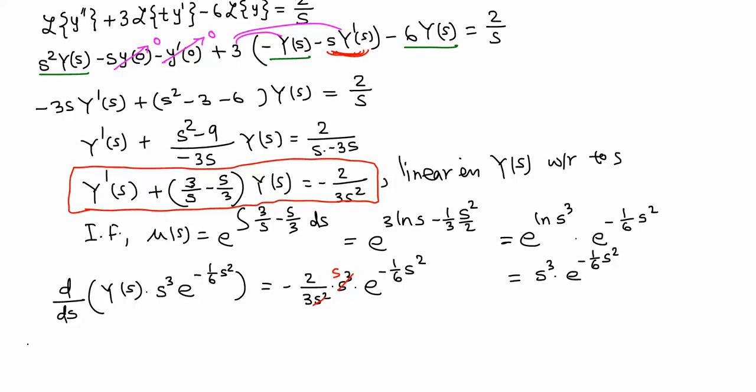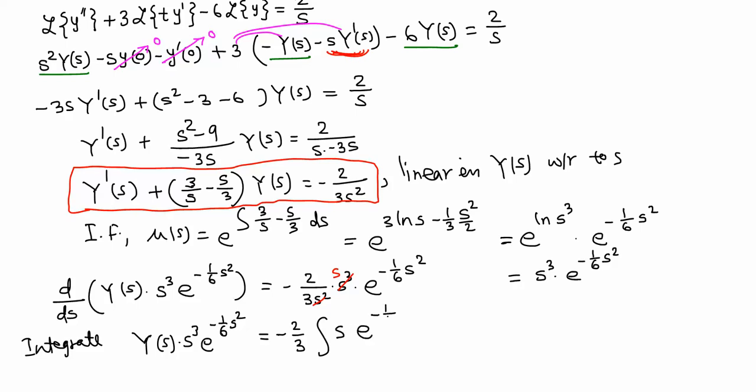So now we integrate, left hand side is just y times s cubed, and on the right hand side we have negative 2/3 constant, integration of s times e raised to negative 1/6 s squared ds.